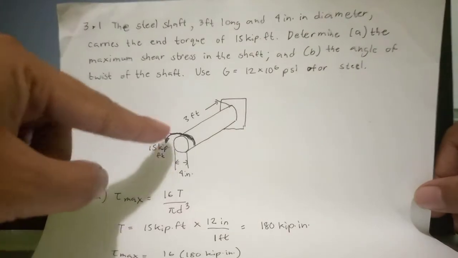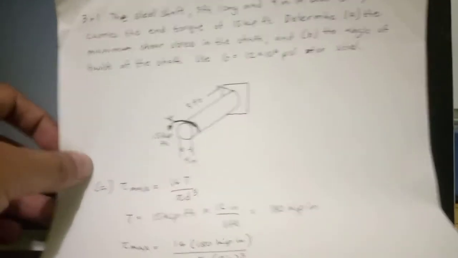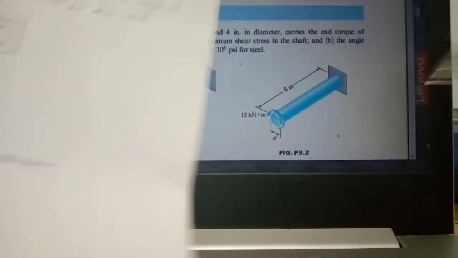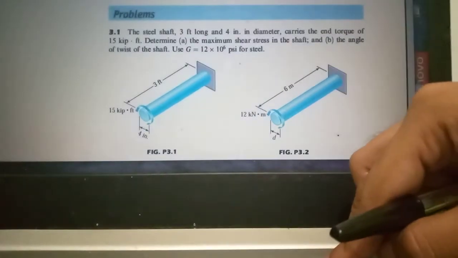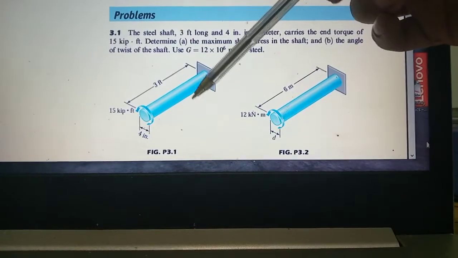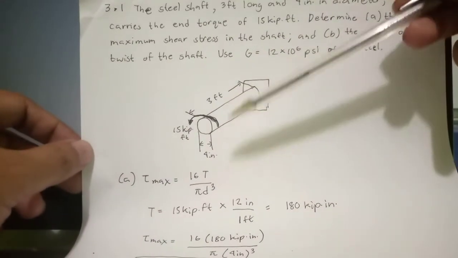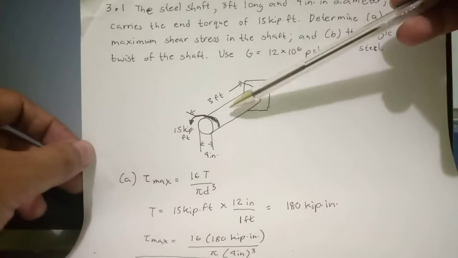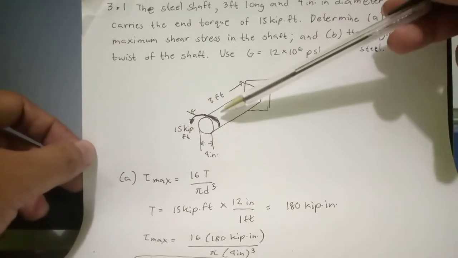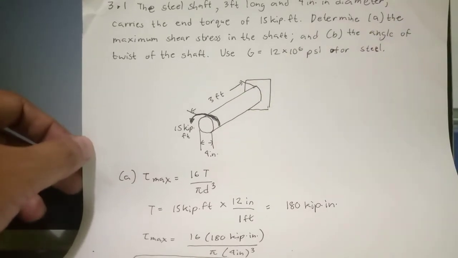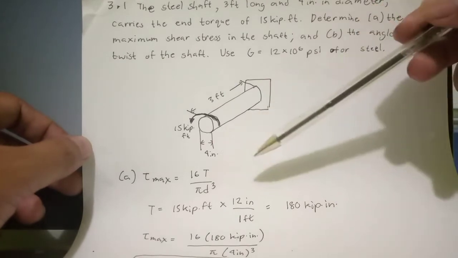This is actually our copied figure. I just copied it, and then we'll have a solution. We have a 15 kip-foot torque. It is 3 feet in length and 4 inch in diameter.